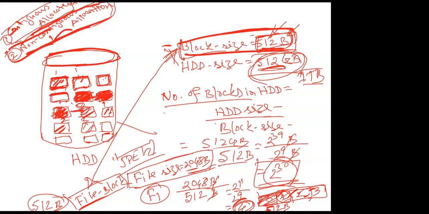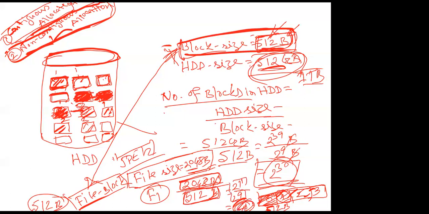Now here you can see that your file size is 2048 bytes, which is 2 to the power 11, and your block size is 512 bytes, which is 2 to the power 9. So it is fine.